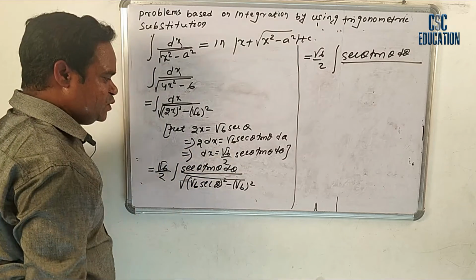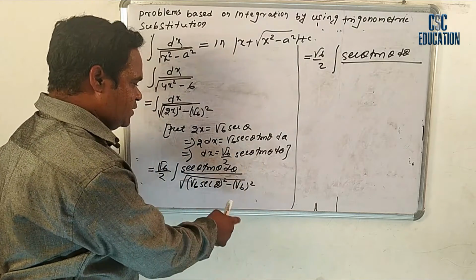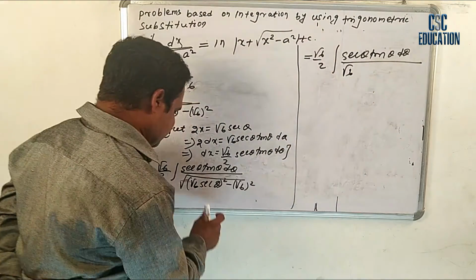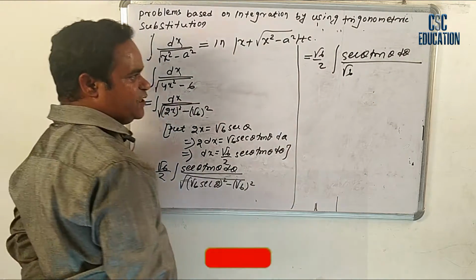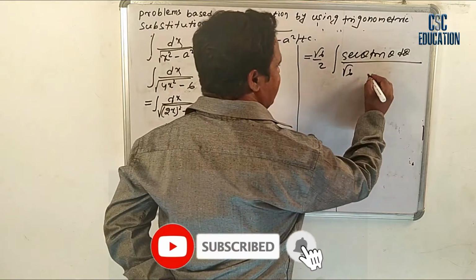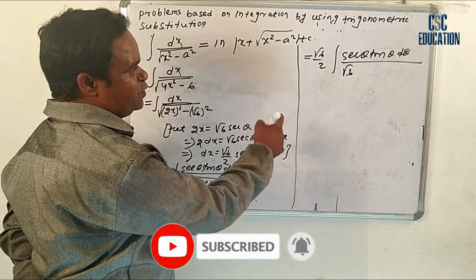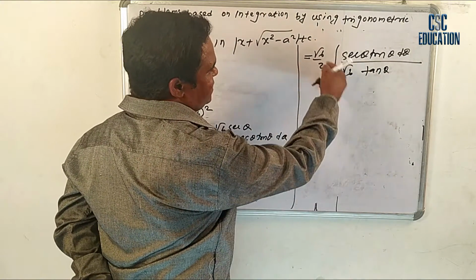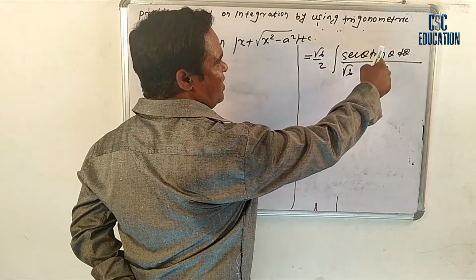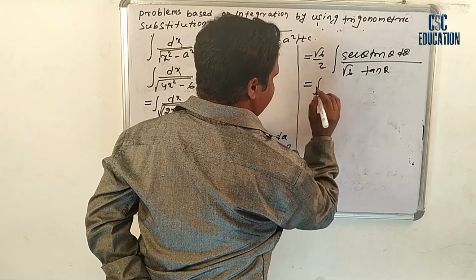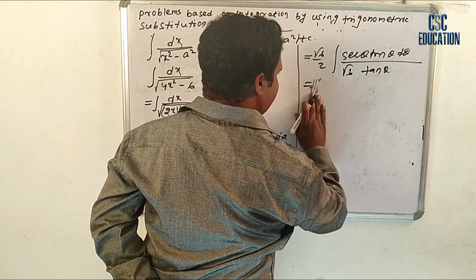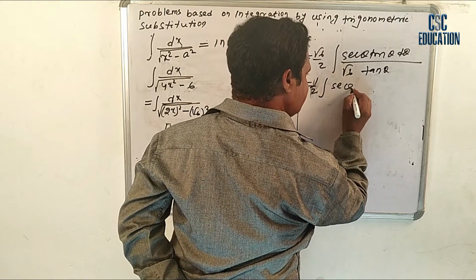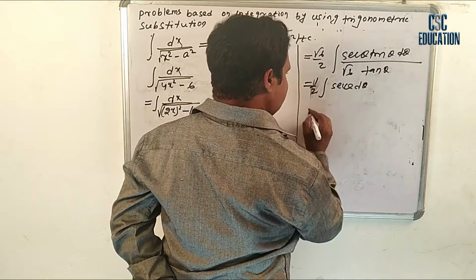Here common is the root 6 factor in the root over; the root of root 6 whole square is root 6, times the square root of sec square theta minus 1. We know that sec square theta minus 1 is tan square theta, and the root of tan square theta is tan theta. Here root 6 cancels, tan theta cancels, leaving 1 by 2 of the integration of sec theta d theta.